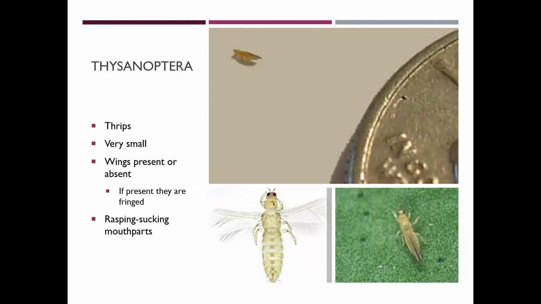And why I put this in here, even though it's generally a landscape pest, is that I have had people who brought fresh cut flowers inside, either from their garden or that they purchased at the store, that had thrips on them, and they feel like they're being bitten by something and they don't know what it is. And it's actually thrips coming from those fresh cut flowers.